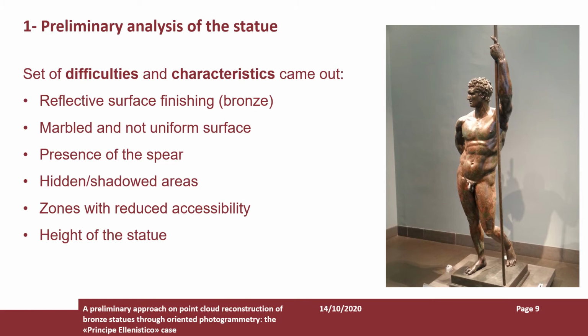Some parts of the feet show, in addition, problems of accessibility, and in the end, due to the height of the statue, increased by a basement, the top of the head presents some issues in terms of lack of lighting and difficulties to be photographed.